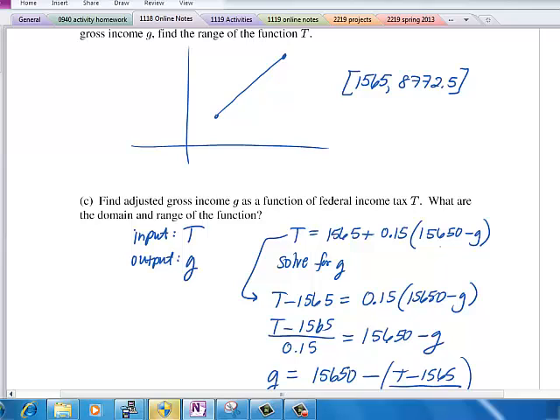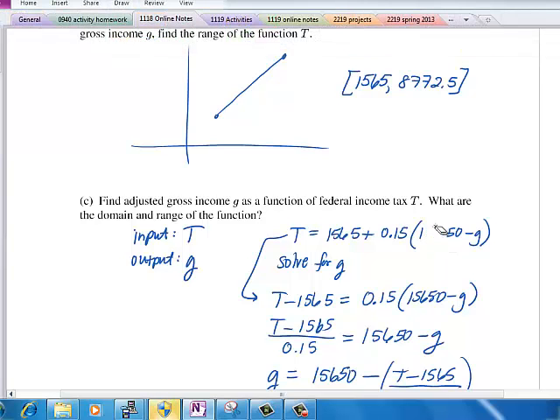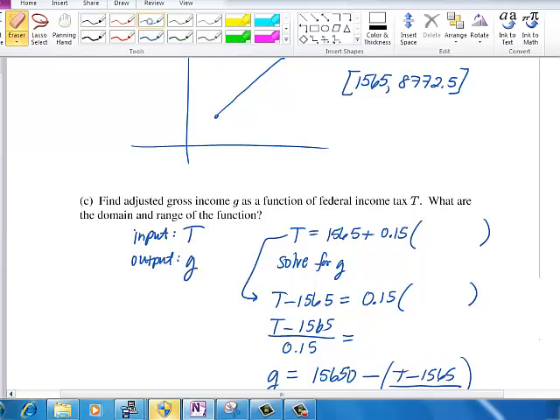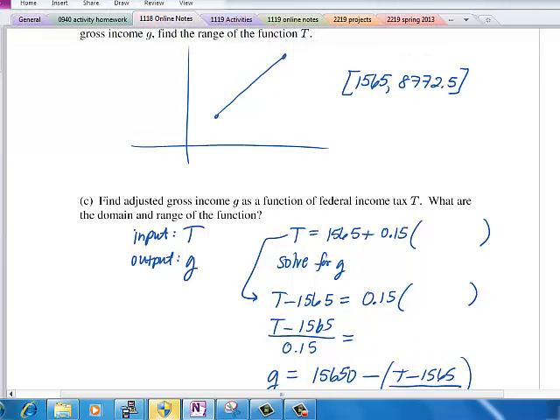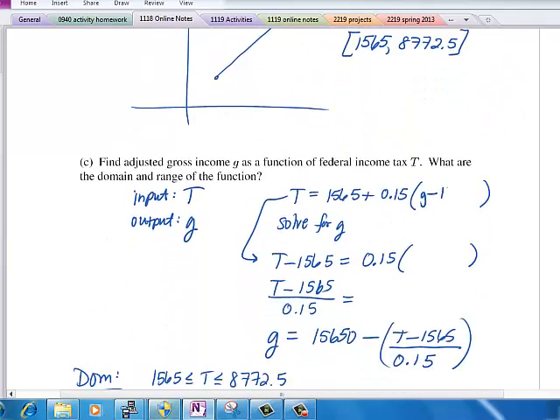I did find my error. It was right here. I subtracted in the wrong order. I miscopied that. I'm glad we checked that graph because it didn't look symmetric the way I wanted it to. So I should have had g minus 15,650 instead here.